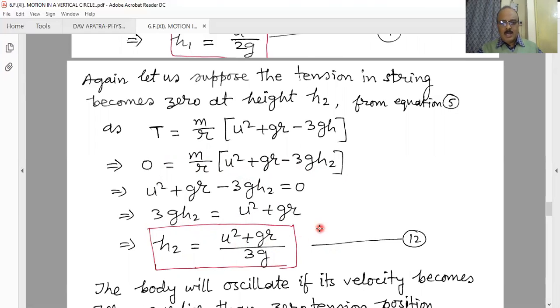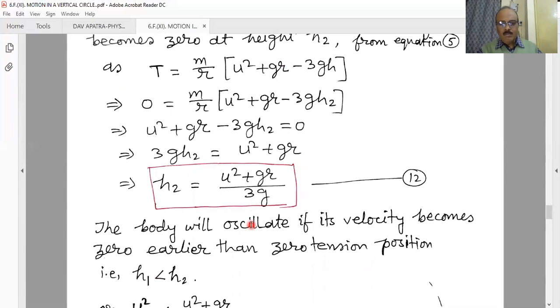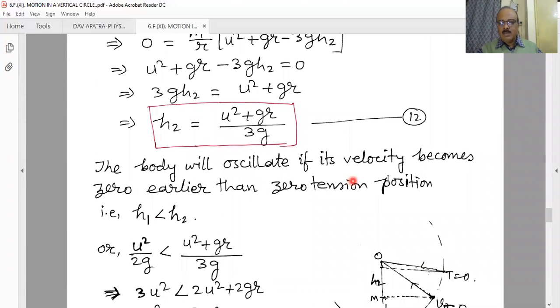That means at this height, where u is the velocity at the L point, the tension will be 0, and at the height h1 the velocity will be 0. Now the body will oscillate if the velocity becomes 0 earlier than the zero tension position.